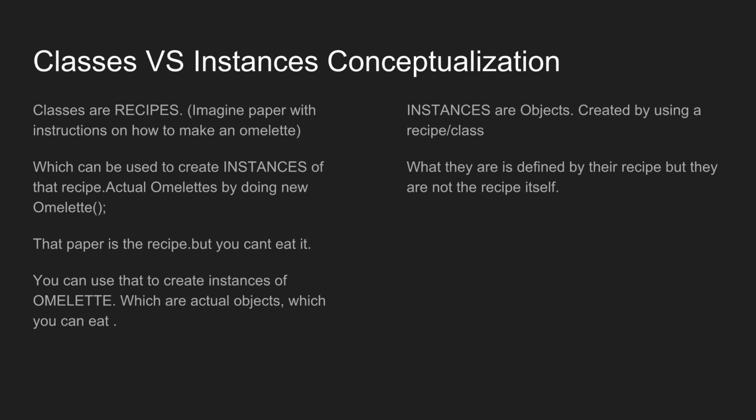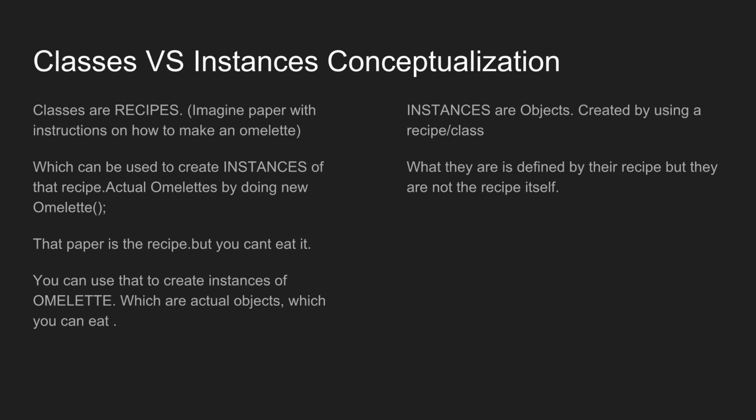When you talk about OOP, you're not talking about classes. You're talking about the objects that you're going to be using, for which you wrote the recipes. Let's say that recipe is used to create instances of omelets. So when you say new omelet, that's an object being created.